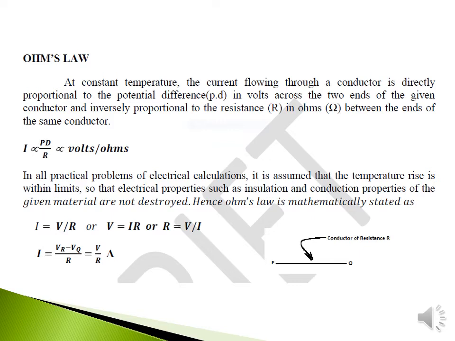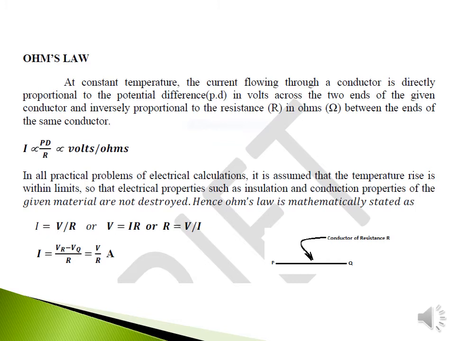In all practical problems of electrical calculation which we are going to see in our further sessions, it is assumed that the temperature rise is within limit. It should be kept in mind that the temperature rise is within the limit, so that electrical properties such as insulation and conduction properties of the given material are not destroyed.